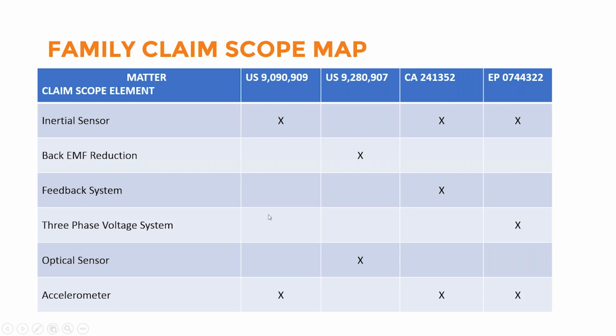So it's a little bit more limiting than the U.S. case to which it's most related. And we might have a similar circumstance with the EP matter. Instead of limiting to the feedback system, they limited to three-phase voltage.